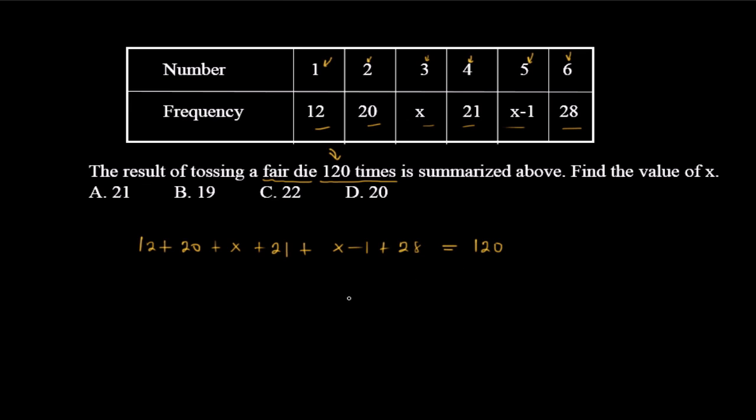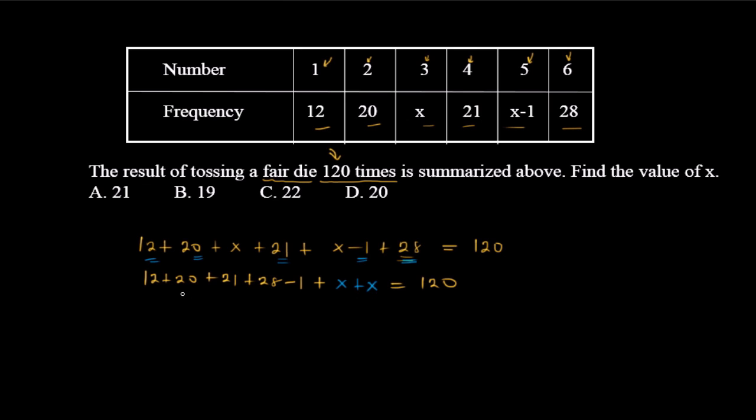120. So when we add this all together, let's collect like terms. So you have 12 plus 20 plus 21 plus 28, and then negative 1, then plus x plus x, and this is going to give us 120.